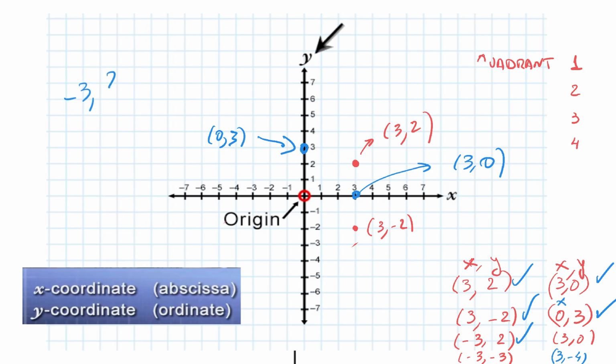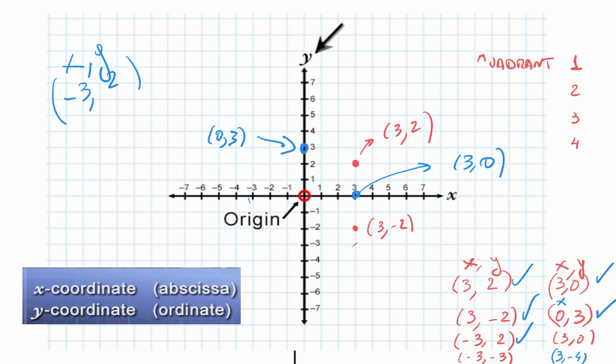Let's now represent the point (-3, 2). It means that the x is minus 3 and the y is 2. So what does it mean? Walk in the x direction minus 3 units. Plus 3 units would be going to the right. Minus 3 units will be going to the left. Minus 1, minus 2, minus 3. So you are now here at minus 3.